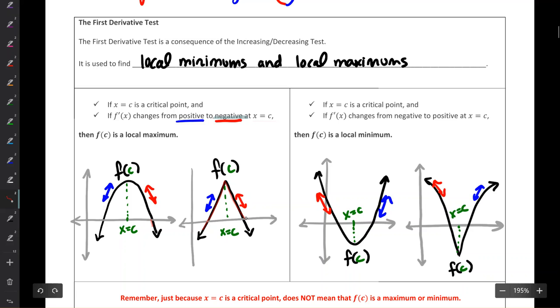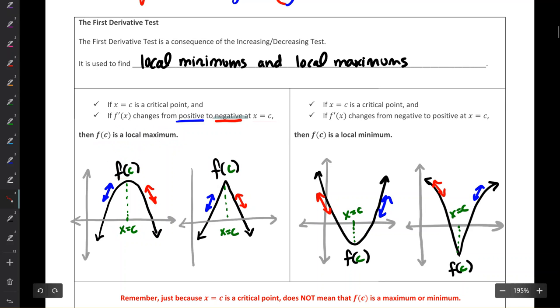Maybe we've got a sharp corner right here. C is a critical point because my derivative doesn't exist at that corner, at that cusp. But since my first derivative is changing from positive to negative, I must have a local max. Remember, maximums and minimums are y values. So we have a local max at x equals c. The local max is f of c.